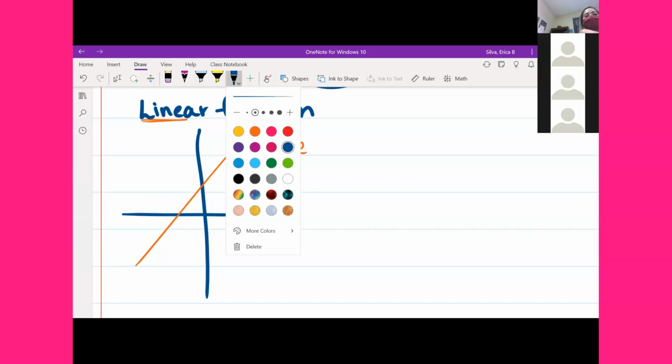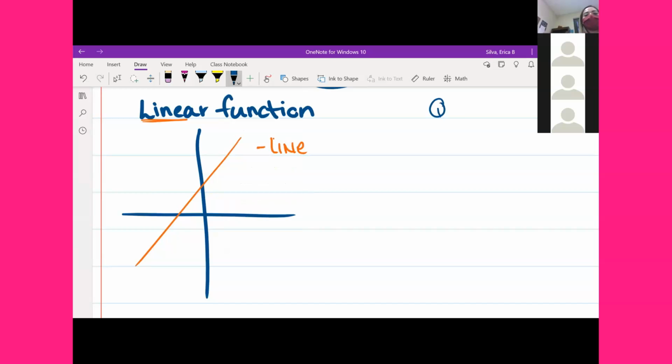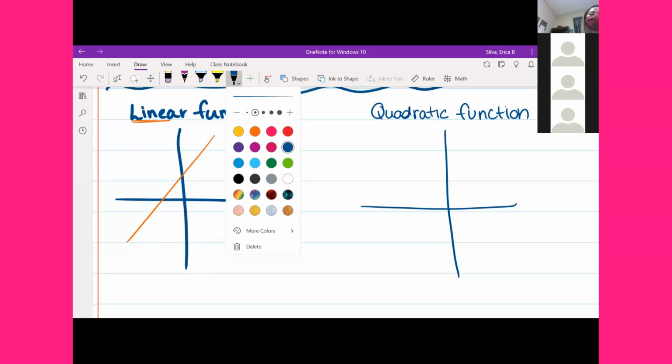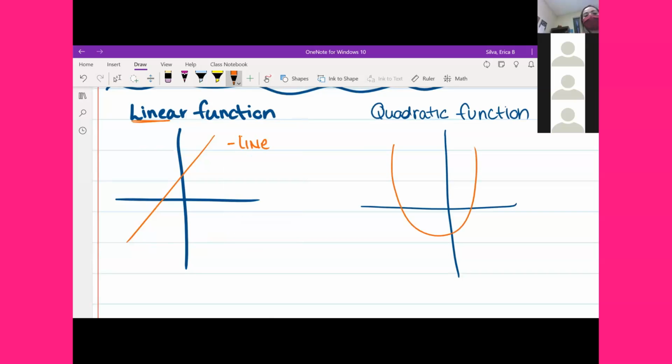So we're going to graph a linear function and a quadratic function on the same graph. And to review, a quadratic function looks like this. Quadratic functions have U-shapes.